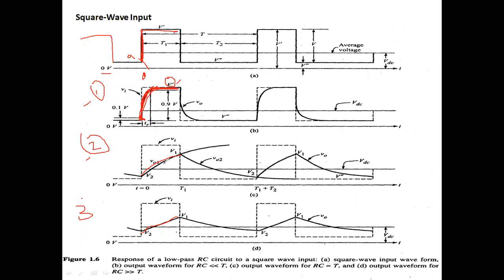If the time constant is somewhat greater, it won't reach V dash; it may be maintained at some voltage V1. If the time constant is very large, the waveform won't reach V dash and will be somewhere below it.